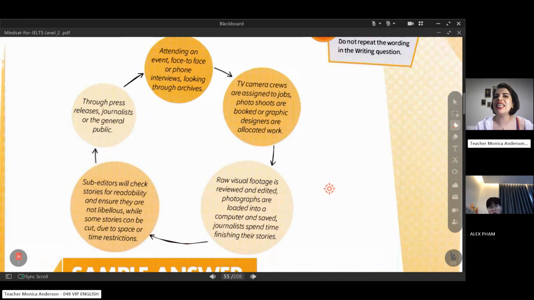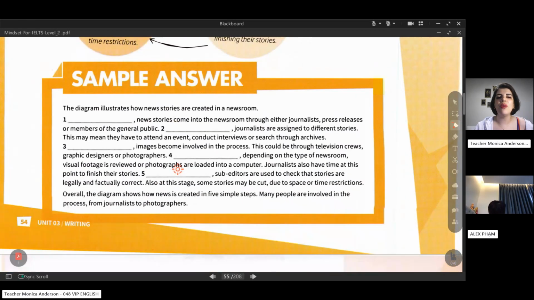Okay, tell me, is this linear or cyclical? Cyclical, of course, very good. Cyclical, because the beginning and the end are the same. And now we're going to complete the sample answer. So, what is the title? The diagram illustrates how news stories are created in a newsroom.